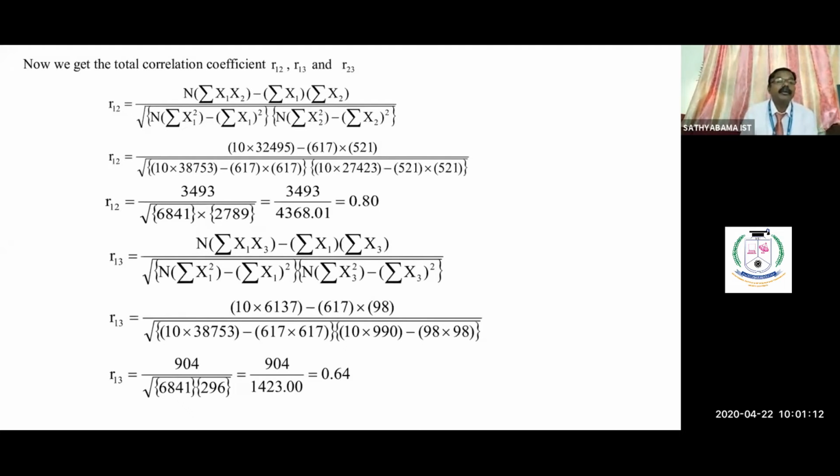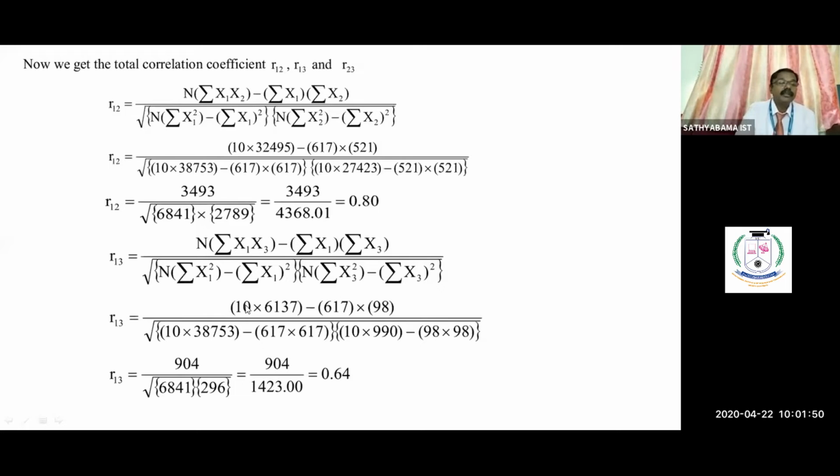Then we have to find R13 and R23. R12 we have calculated. Similarly, we can calculate R13 using this formula: n sigma x1 x3 minus sigma x1 into sigma x3, divided by the square root of (n sigma x1 square minus sigma x1 whole square) times (n sigma x3 square minus sigma x3 whole square).